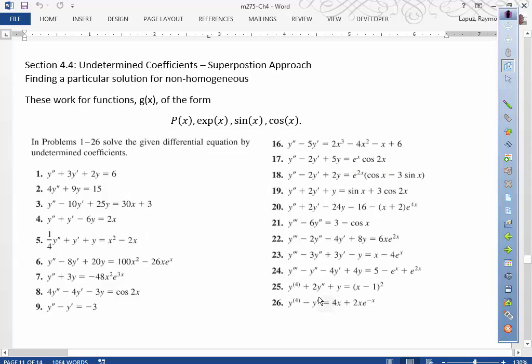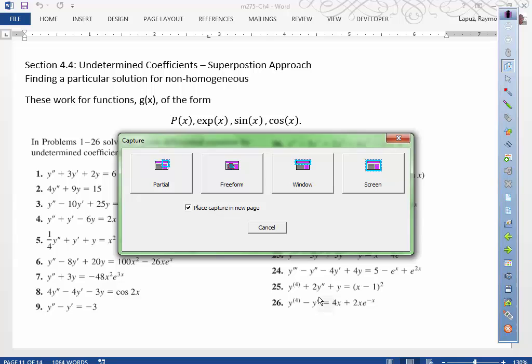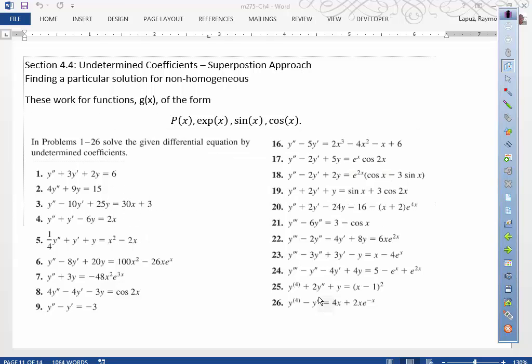Turns out that your particular solution, and when they say particular solution here, again, it's one of those words where we used particular solution early on to say that this is a solution to an IVP, initial value problem. Here, there are no initial conditions anywhere, but they still use the word particular solution. They mean particular as in particular to the specific non-homogeneous differential equation, for what that's worth.